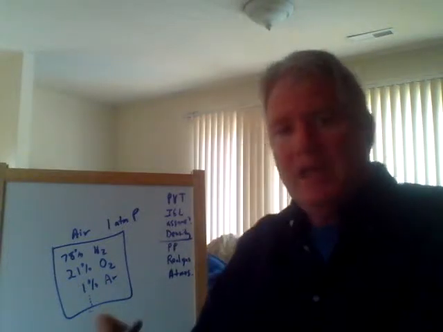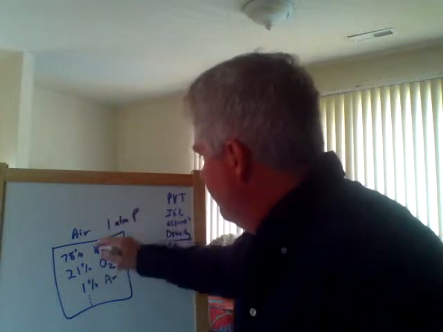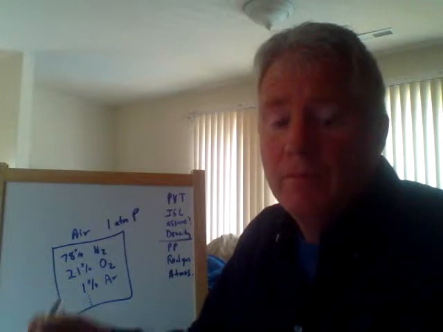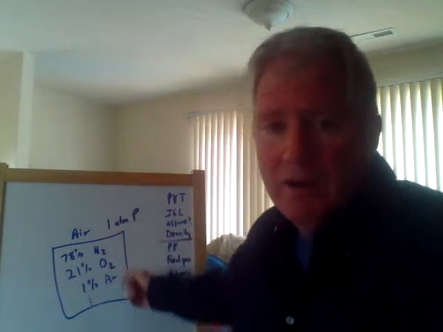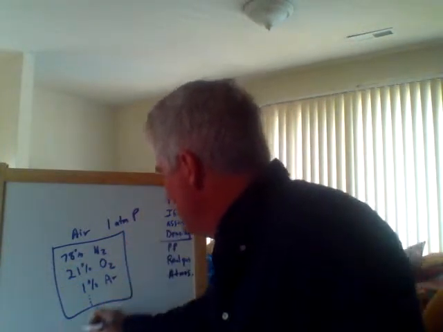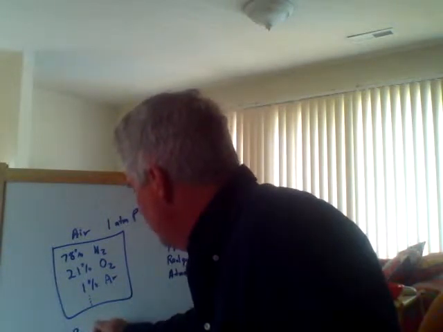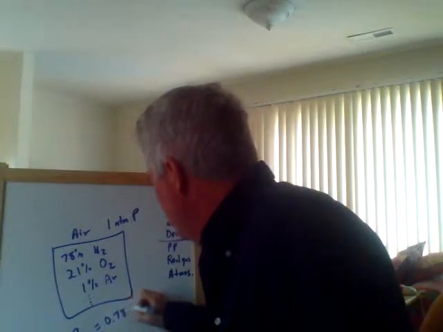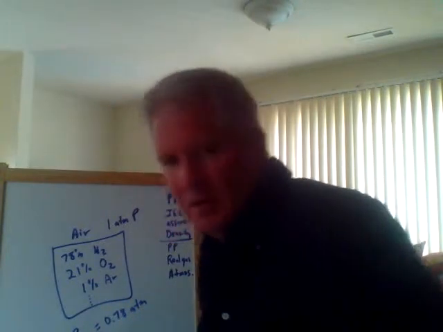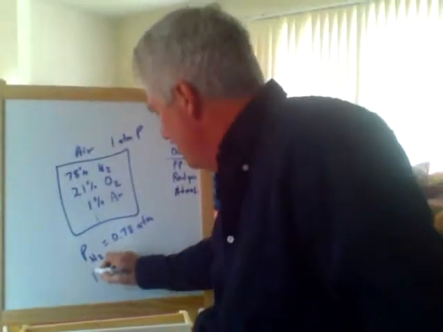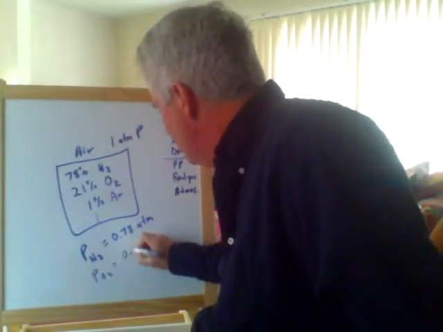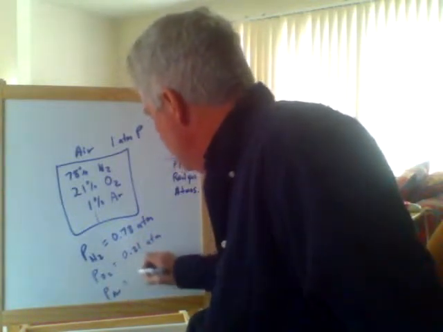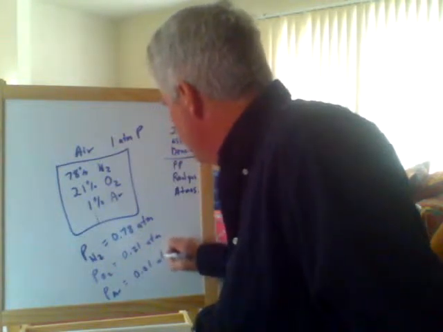Well, it turns out that the amount of pressure caused by these three is directly related to the molar ratio of these gases. So the pressure of nitrogen in this mixture is 0.78 atmospheres. The pressure of oxygen is 0.21 atmospheres. And the pressure of argon is 0.01 atmospheres.